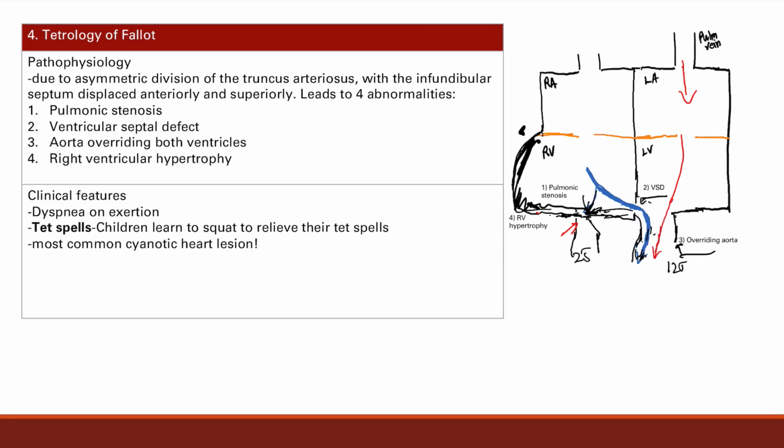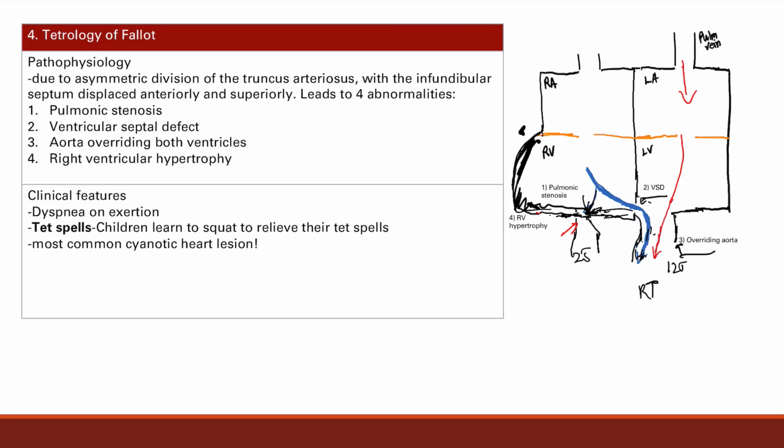And what the baby's going to do to relieve this TET spell is squat. And remember what squatting does? First of all, it increases your venous return, and second of all, it increases your systemic vascular resistance. So the vascular resistance here goes up, while the resistance in the pulmonary circulation is the same. So where is that going to send blood?